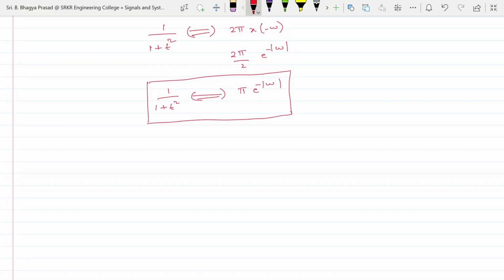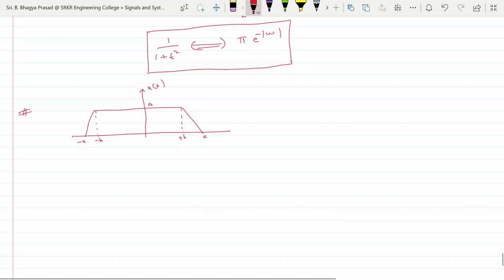Okay, right. Let me go for another one, where we have a function with breakpoints at minus a, minus b, plus b and a, and some constant x of t.